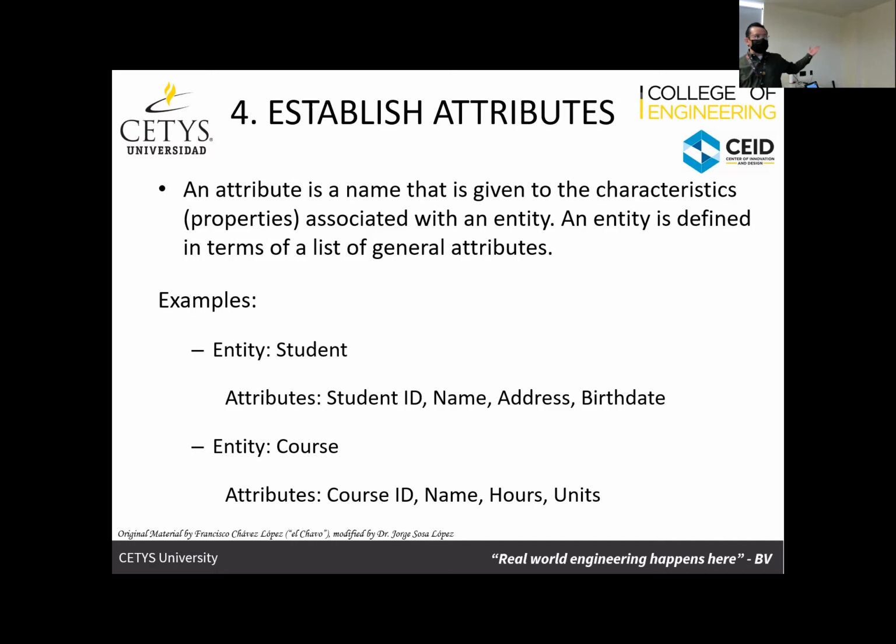And it might have most of the same attributes, but a parent isn't going to have a student ID. But one of the attributes of the parent might be where they work, for example, the work information, and phone number, address, etc. So certain entities might have very similar attributes, but we have to be able to differentiate.